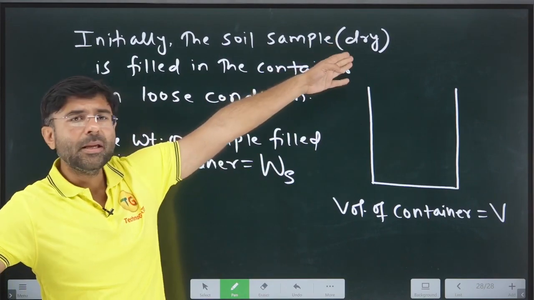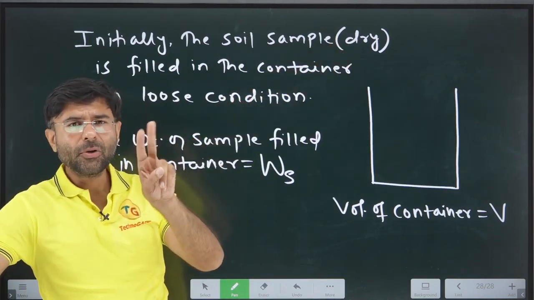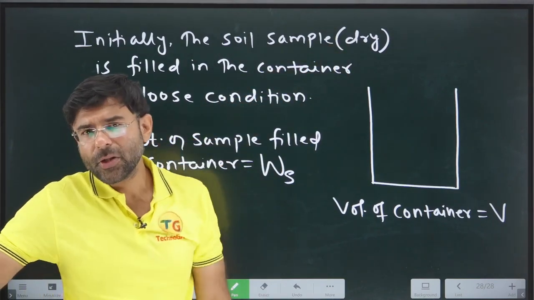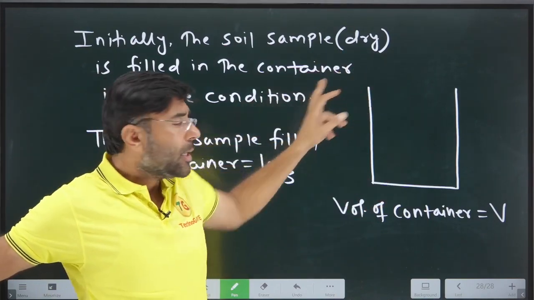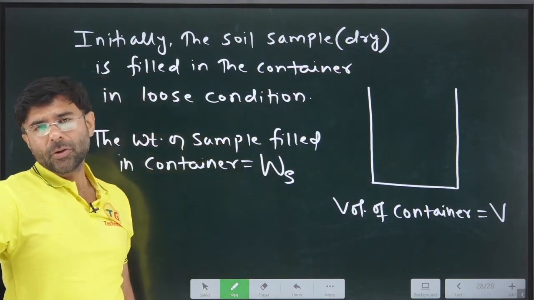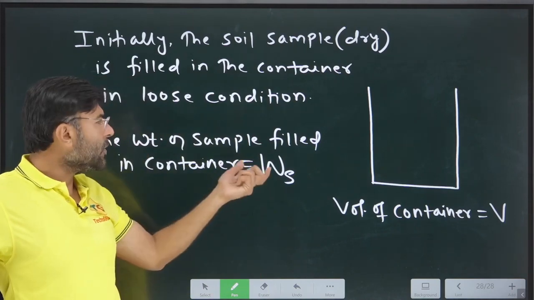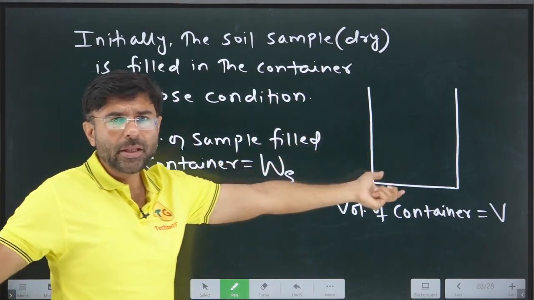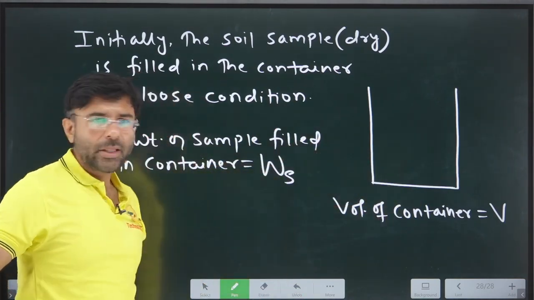The total weight of the soil comprises only two factors, weight of the water and weight of the solids. Since the soil is dry, the weight of the soil will be equal to the weight of the solids only. So the weight of the sample which was filled in a loose state in this container is Ws.